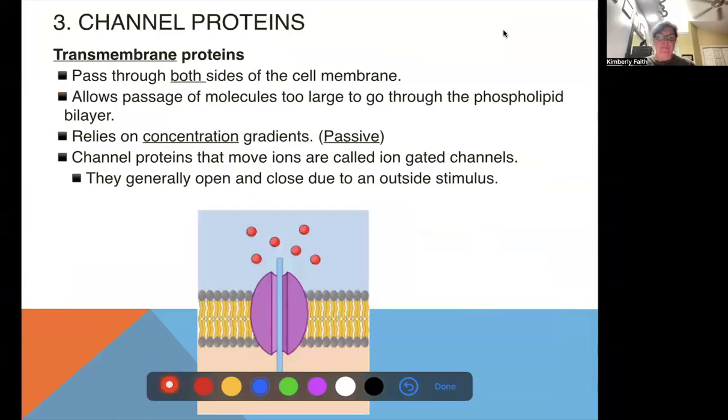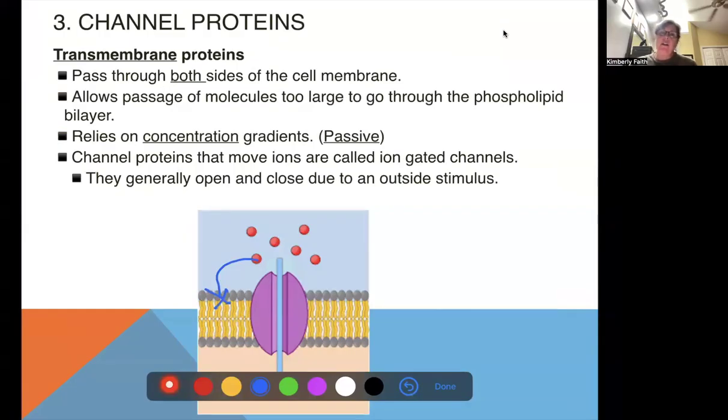Now we've been talking about transmembrane. Channel proteins are transmembrane, right? They go all the way through. They allow the passage of molecules that are too large to go through. These cannot go through; they have to have a passageway in. And again, passive because they rely on concentration gradients, not ATP.